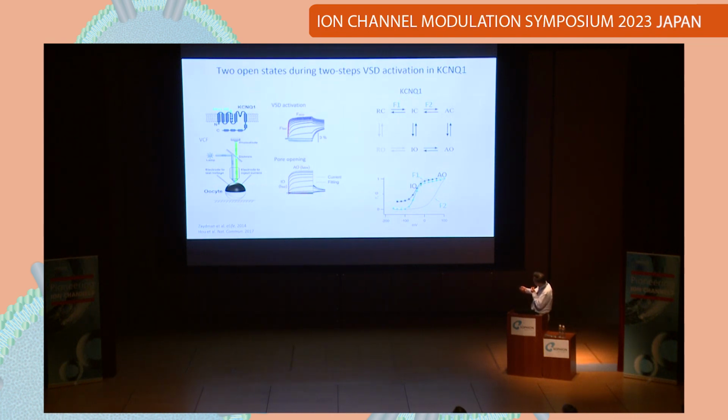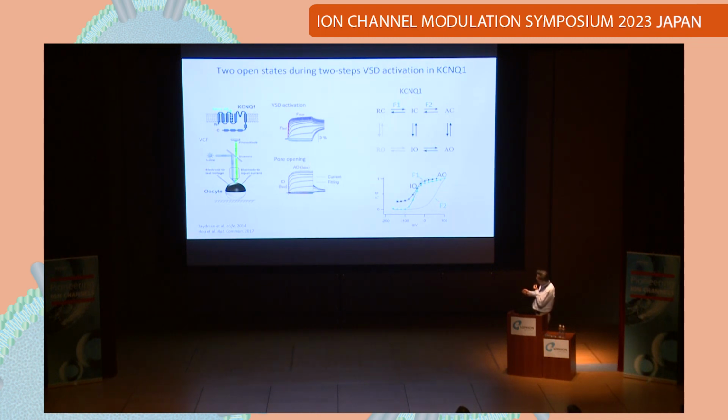All I want to say is that we make a fluorescence label at the S3-S4 loop, so that the fluorescence monitors voltage sensor movement, and then the current from the 2-electrode voltage clamp will just monitor the pore opening. So we can see the voltage sensor activation and pore opening. In both cases, voltage sensor activation has 2 components, a fast component and a very slow component afterwards. And then the pore opening also has these 2 components.